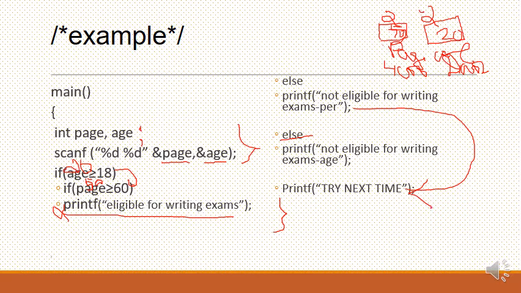But when both are true, you have to write the different statement here. Otherwise, just leave that statement. Without that, if you are writing it, then your program is going to be correct.